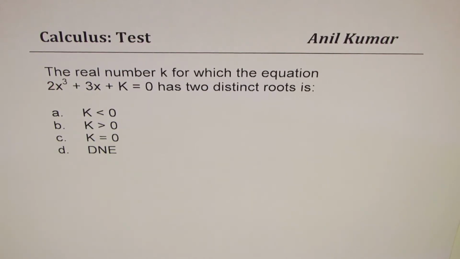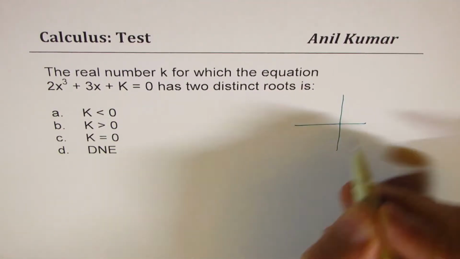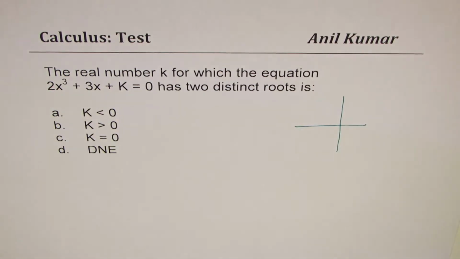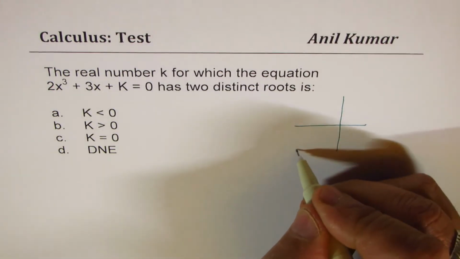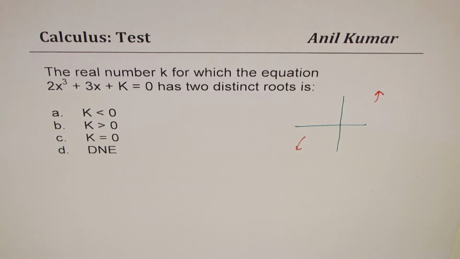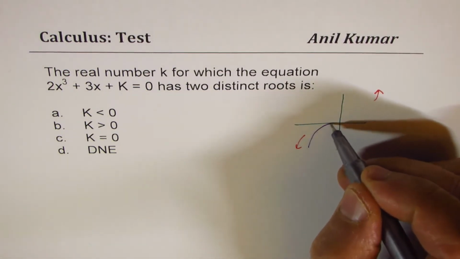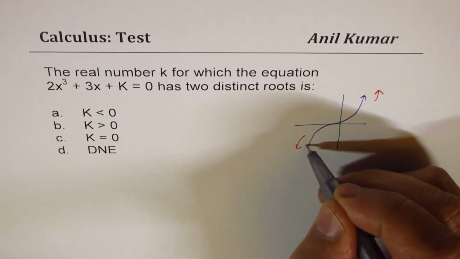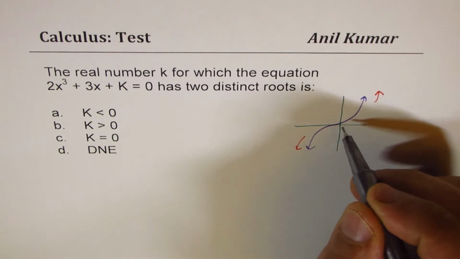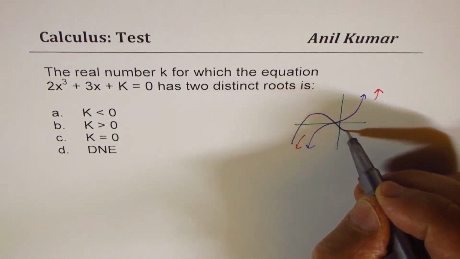Now, as we analyze, we're talking about a cubic function, right? A cubic function with a positive leading coefficient moves from this quadrant to that, correct? So there are many possibilities. We could have a graph which crosses like this, going through 1, 0, or we could have a graph which could go like this.